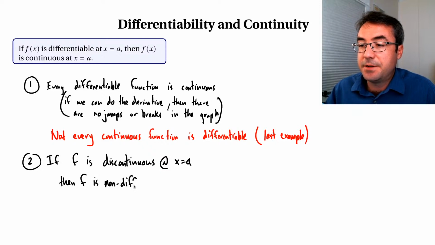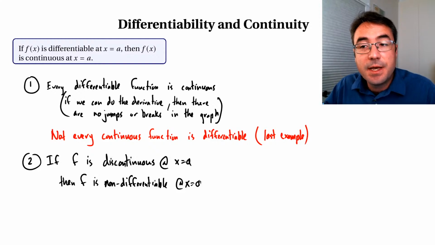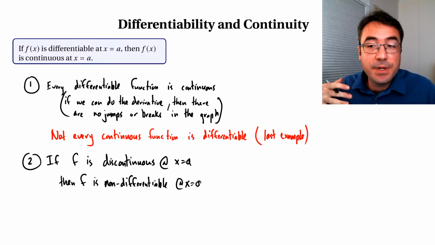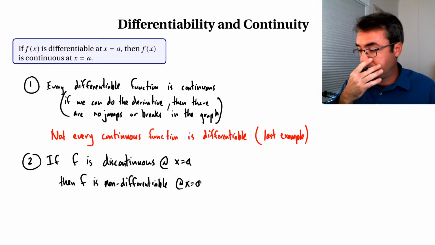So this theorem really tells us two things. It tells us that if our function is differentiable, then it's continuous. But if our function is discontinuous, then it's non-differentiable at that a value.